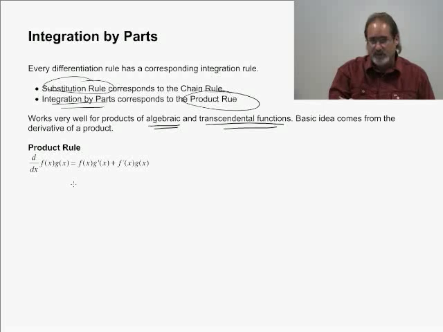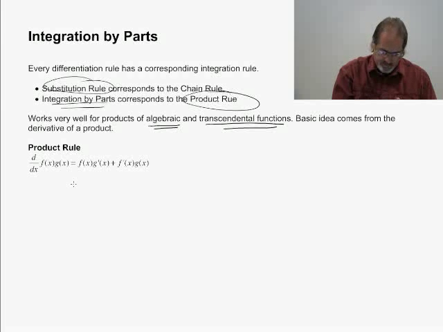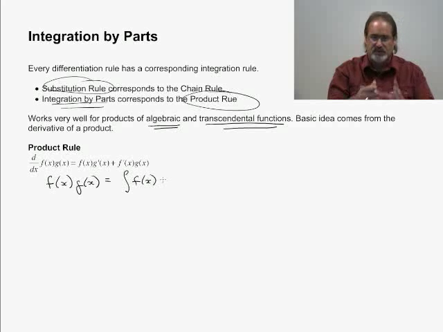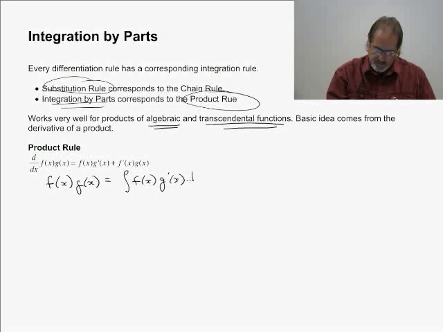Now, if I integrate both sides, on the left-hand side I will simply have f of x times g of x, which is equal to the integral of f of x times g prime of x dx, plus the integral of f prime of x g of x dx.